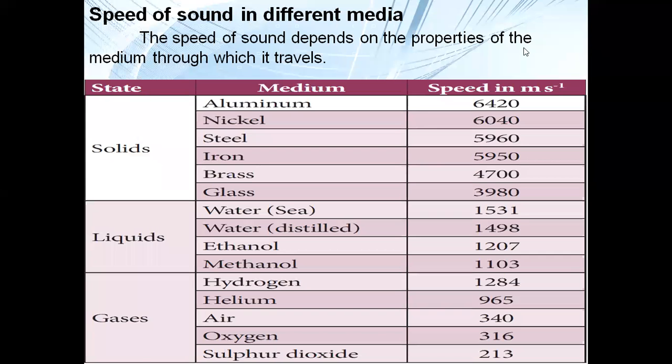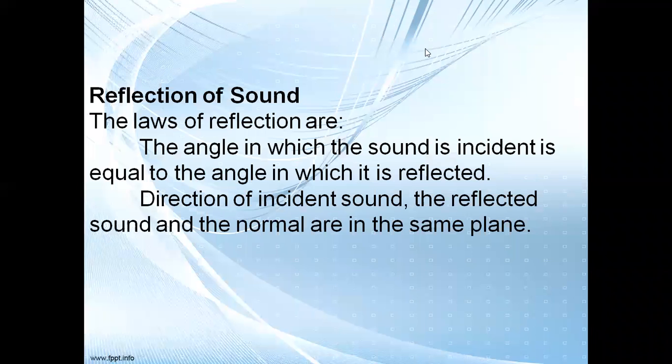Next, we have learned about reflection of sound. Same as for light, how is light reflected? Same for the sound. The angle at which the sound is incident is equal to the angle at which it is reflected. The direction of incident sound, the reflected sound and the normal are in the same plane. We have already learned this in the light lessons.